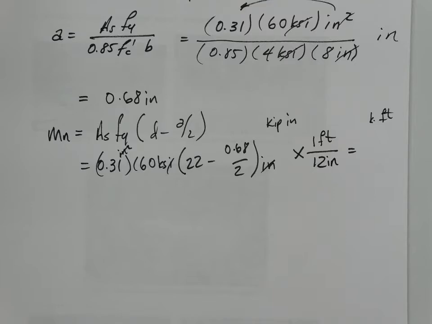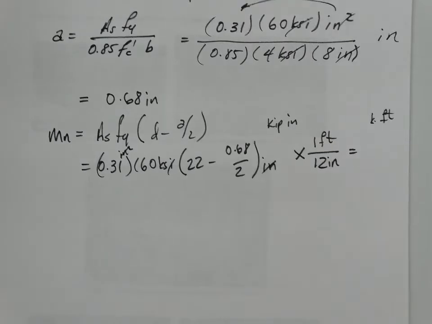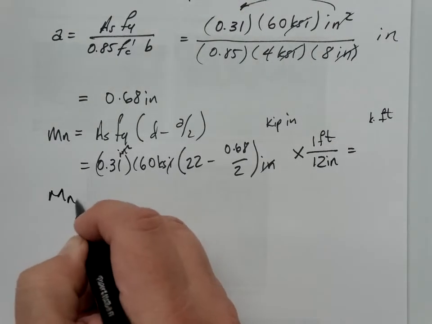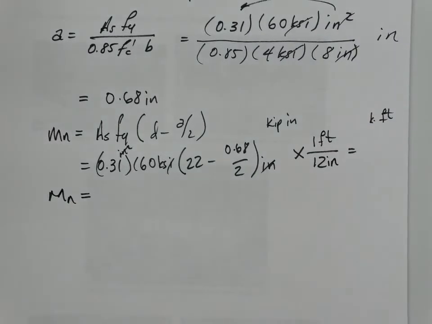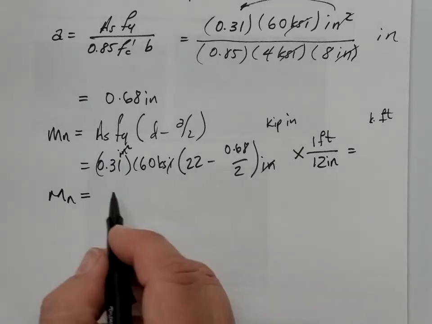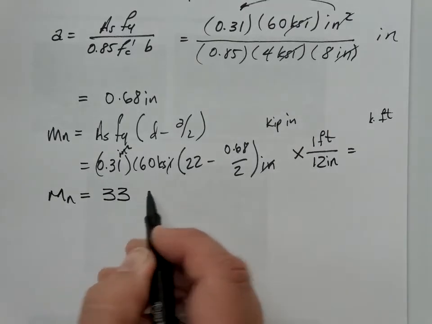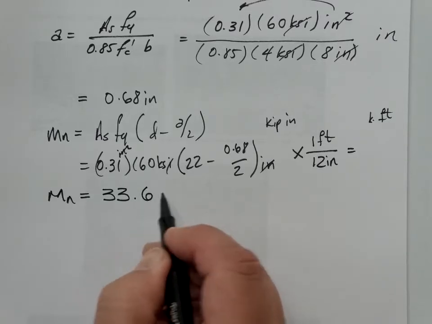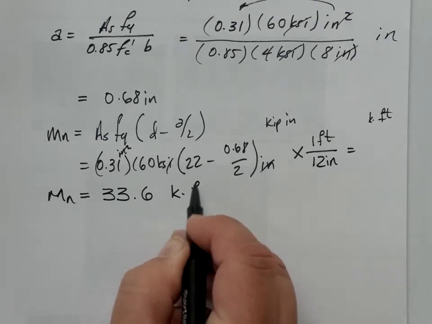Anybody got a nominal moment capacity? Yep, I got 33.6, so 33.6 kip feet.